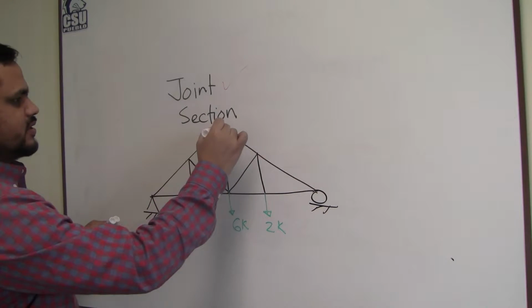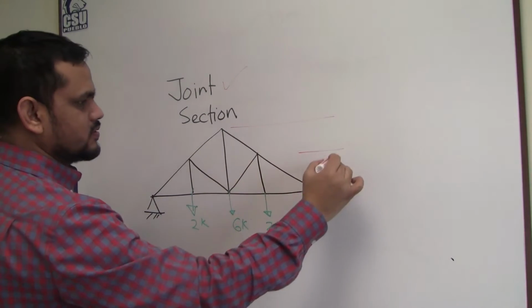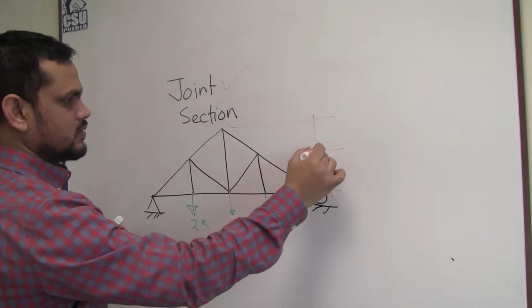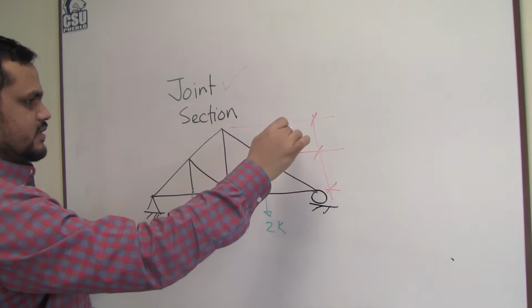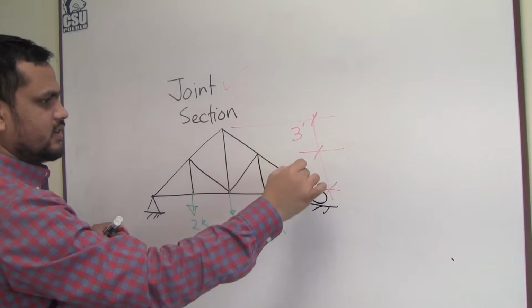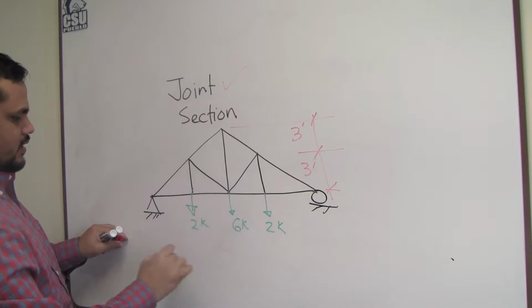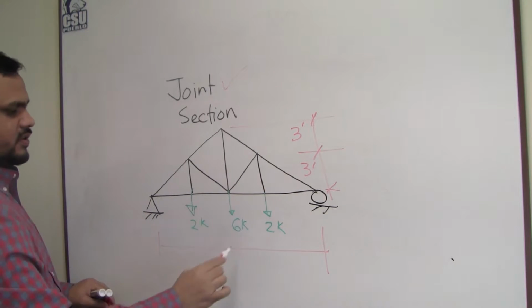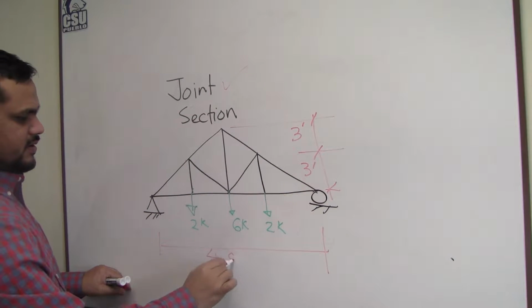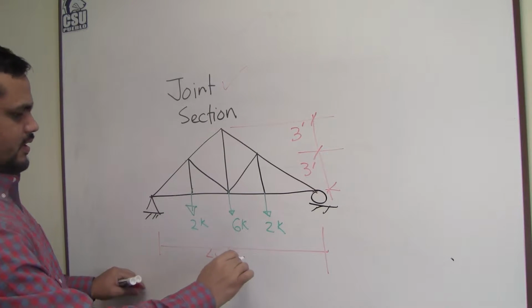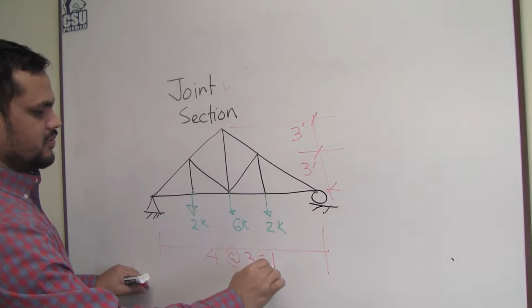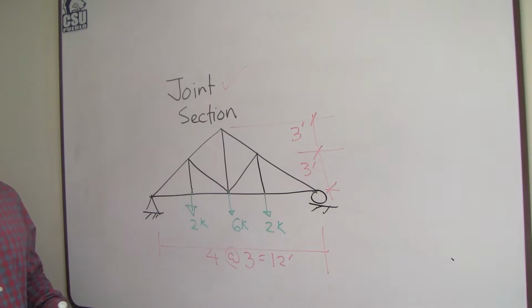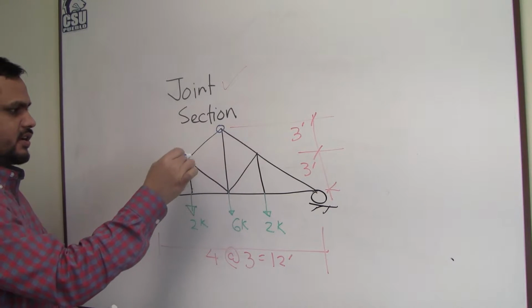And the dimension is given, and this is 3 feet, 3 feet. And here to here, 1, 2, 3, 4, say 4 at the rate of 3 feet equals 12 feet. Yes. And all the joints are pin connected.